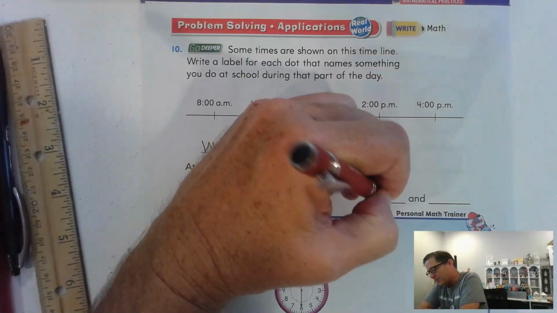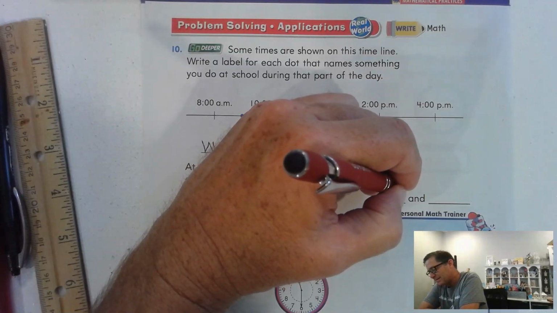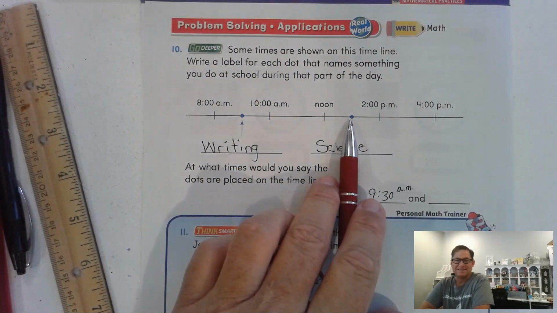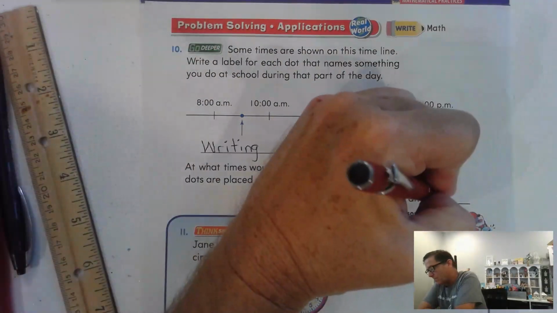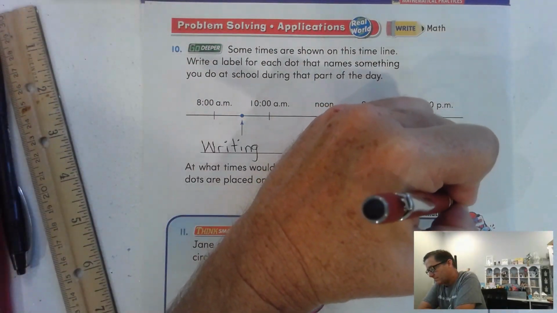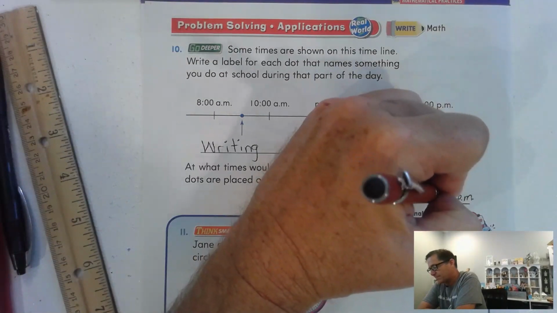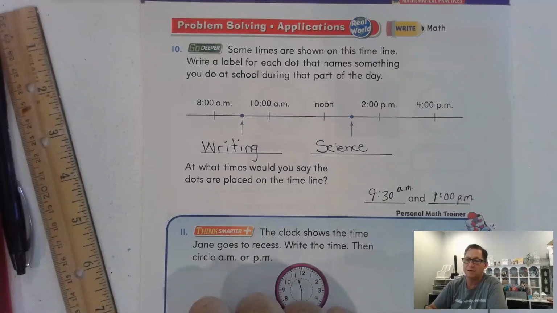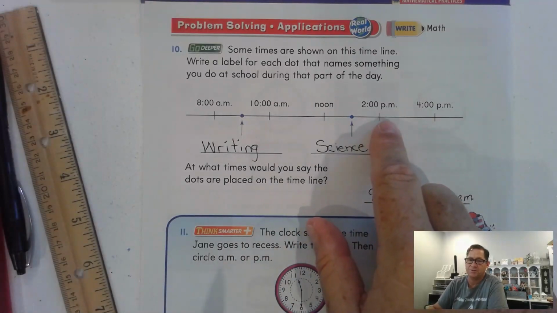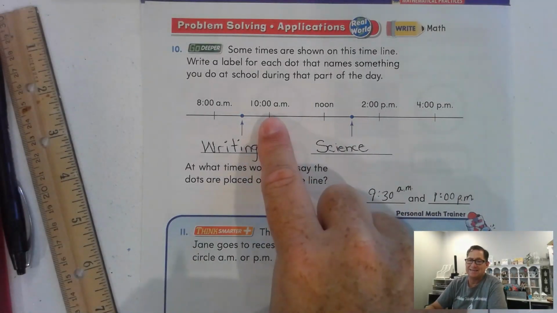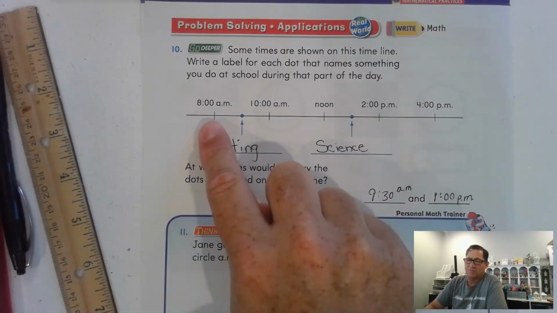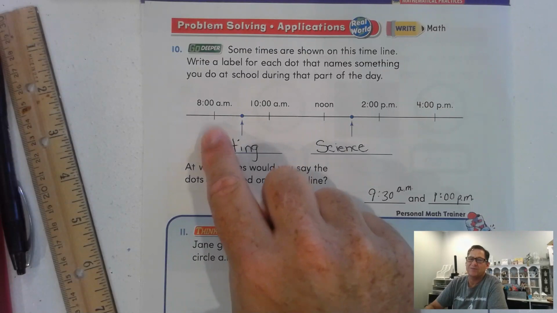I'm going to say maybe 9:30 a.m. And this one seems like it's exactly in the middle, so I'm going to say 1 p.m. As long as your answers are reasonable, you couldn't say something after 2, that wouldn't be reasonable. You couldn't say 10 or 8 o'clock either. So a reasonable time.